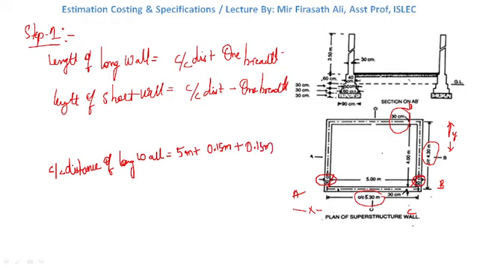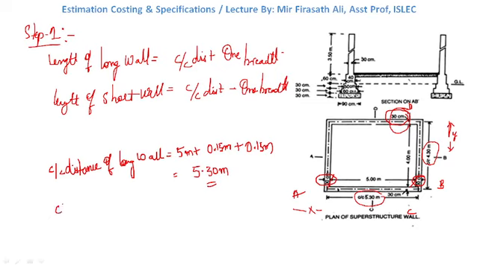The total thickness is 30 centimeters; dividing 30 centimeters by 2 gives 15 centimeters, which is 0.15 meters. So it is 5.30 meters.